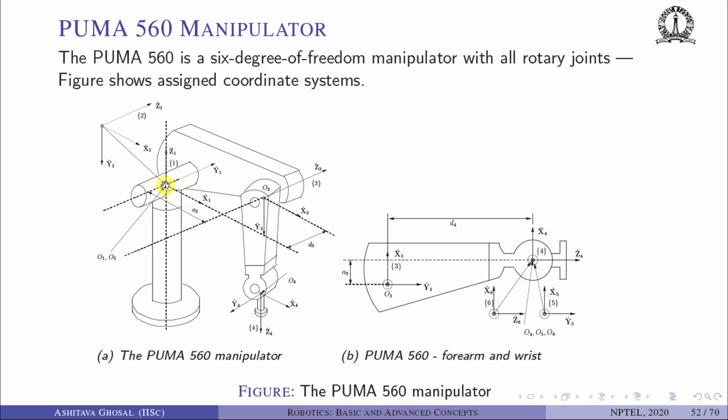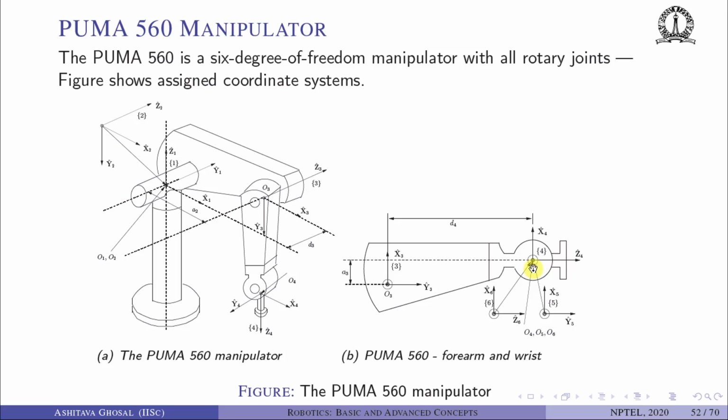O2 is also at the same place if you think about it. The origin of the third coordinate system is as shown here, at the foot of the common perpendicular along x3 with z3. Then the origins of 4, 5 and 6, because all three joint axes are intersecting, are at the same place.